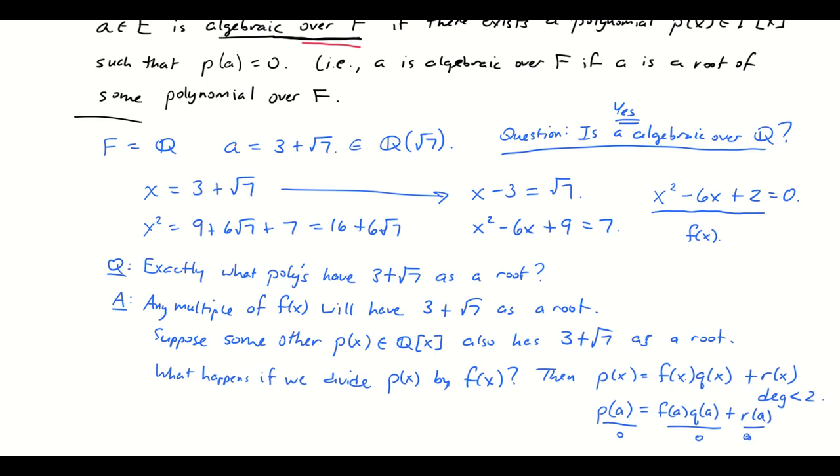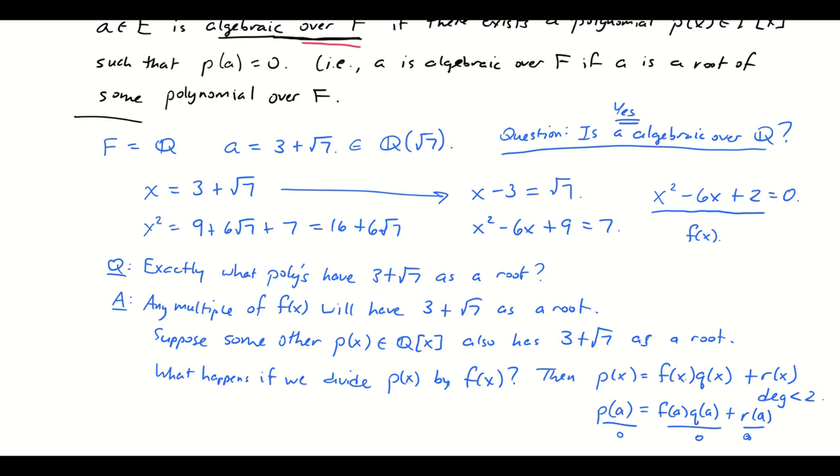And I don't think that's going to happen for any constant polynomial, at least not if r of x is a non-zero constant. We are assuming here that p of x isn't already a multiple of f of x, so this is going to be some non-zero remainder. A non-zero constant certainly won't allow for r of a to be 0. And a linear polynomial r of x won't allow for r of a to be 0 because, well, what linear polynomial over the rationals can you think of that has 3 plus root 7 as a root?